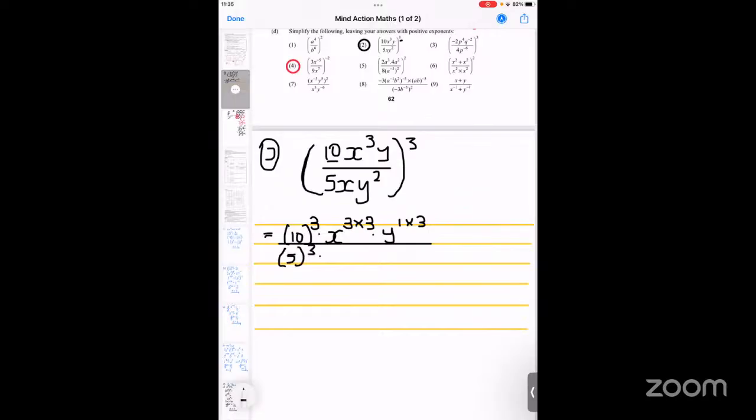You will see when we do the next one why it has to be inside the brackets. Now you've got your x, which is to the 3, that you multiply by that 3. And again, you have your y, you have your 2 that you multiply by 3.